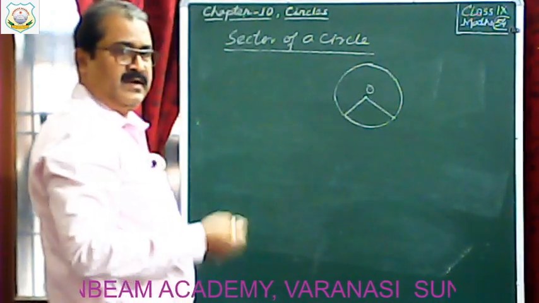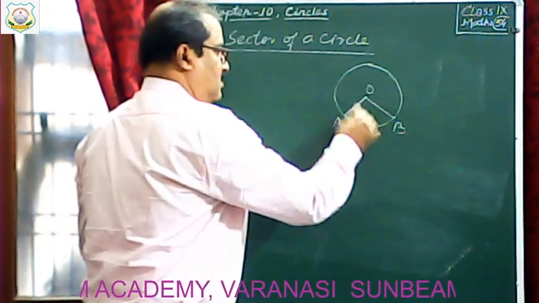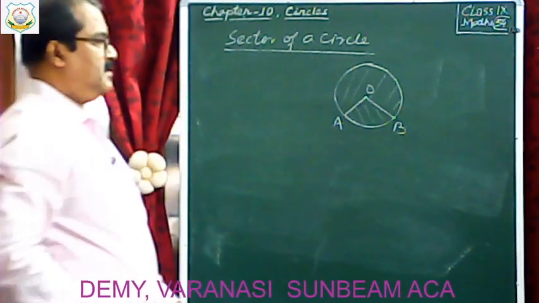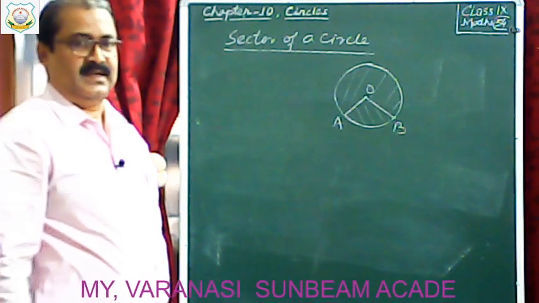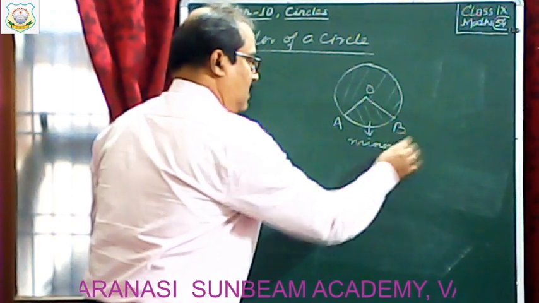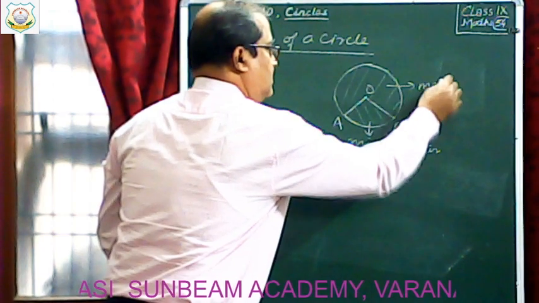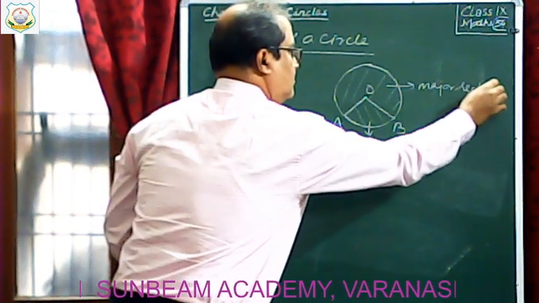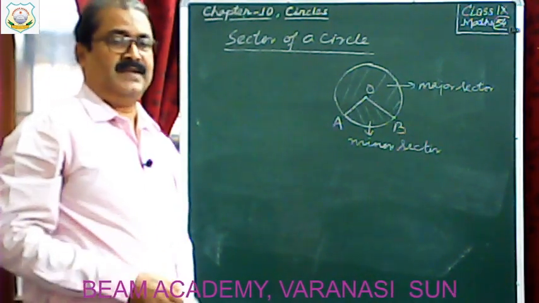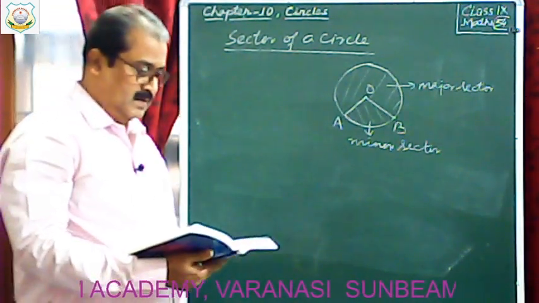Radius is singular and radii is plural. We get two regions, this one and another bigger one. So this region is known as a sector. The smaller one is known as the minor sector, and the bigger one is the major sector.